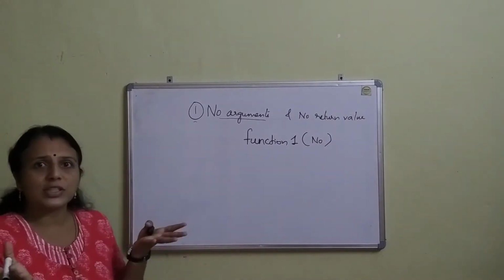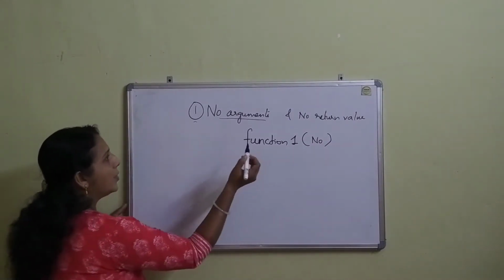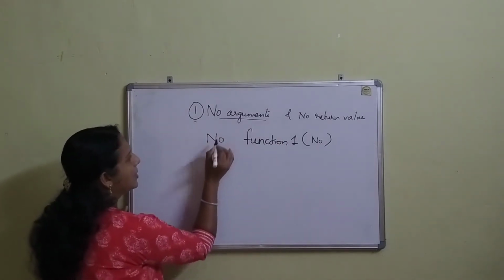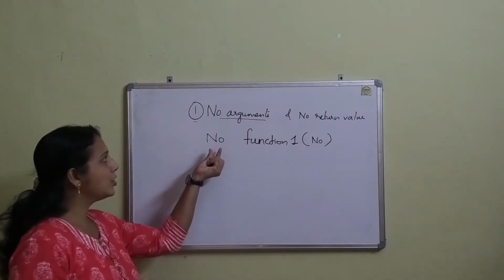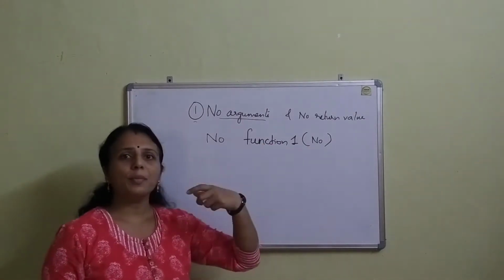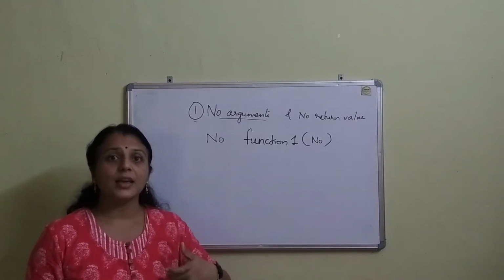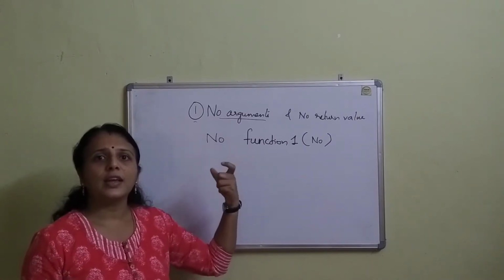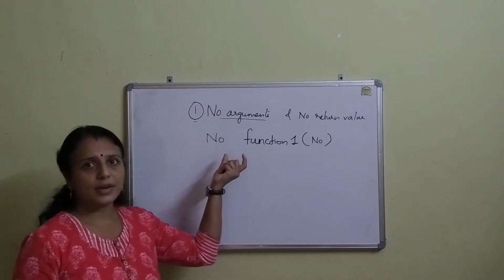It is not going to take anything as input, and it is not going to give any output of any particular return type. So there is no return type also.